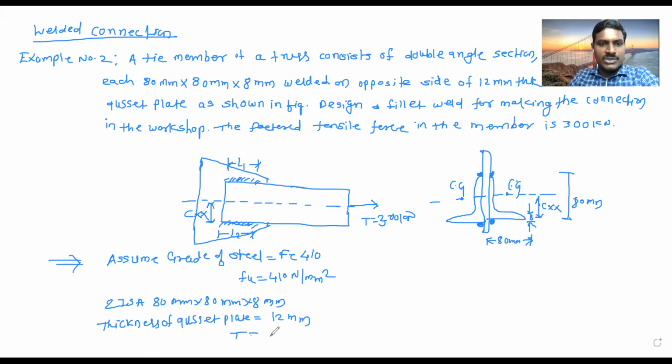Then the factored tensile force T is equal to 300 kilonewton. And also the partial safety factor gamma mw they have given. Welding is done at workshop, workshop means any shop, so gamma mw is 1.25.